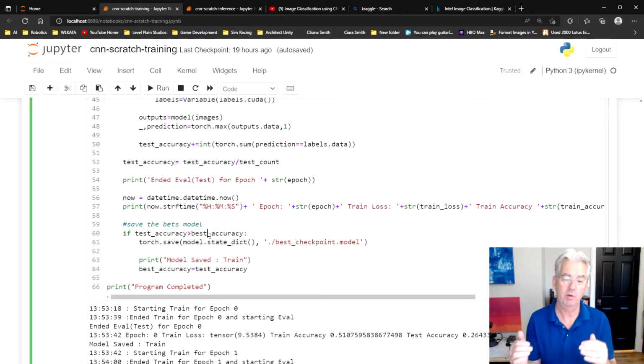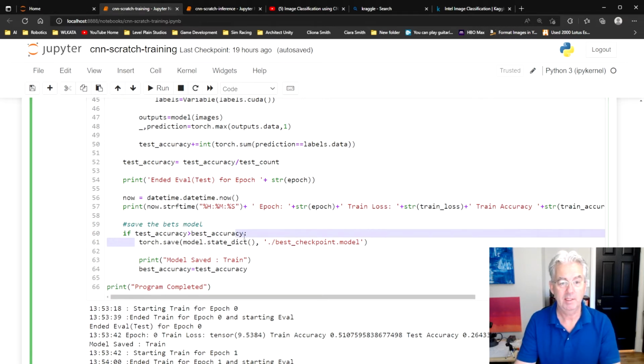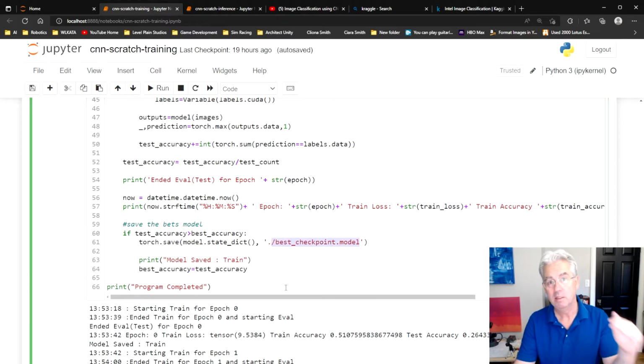But you want to take whatever the best result you had of all the runs you do, and say that is my model. And that's what this is doing. And then it just says it's saved it. So it saves the model, and we call it best checkpoint. So a checkpoint appears to be an epoch in this case.